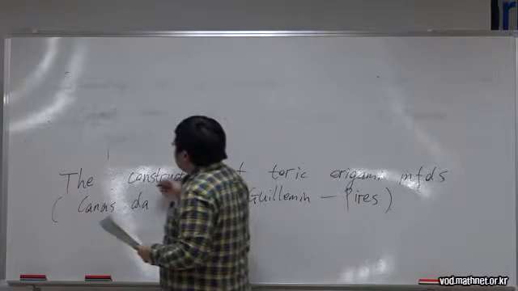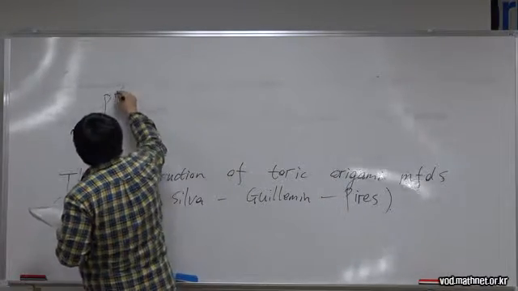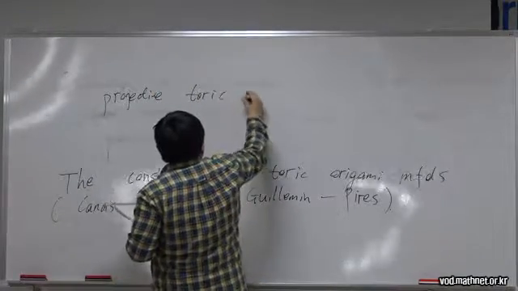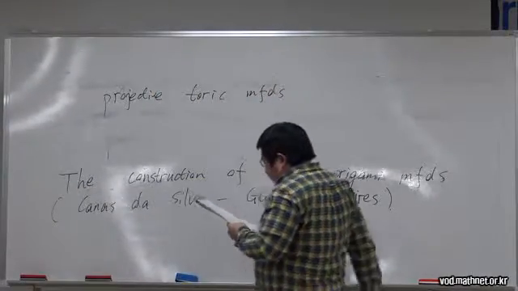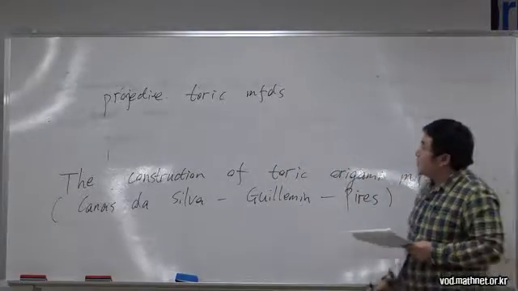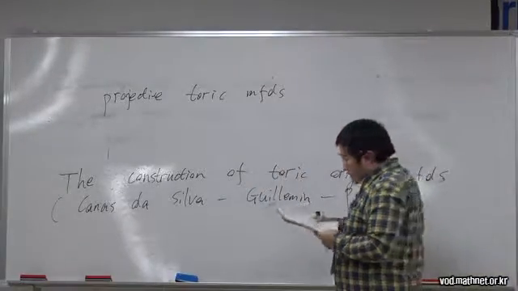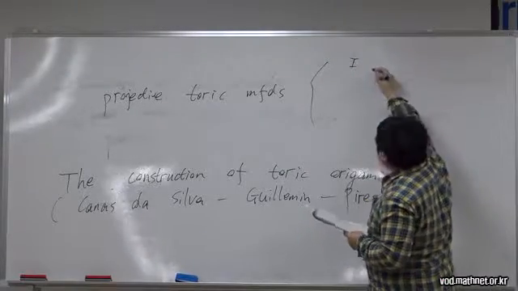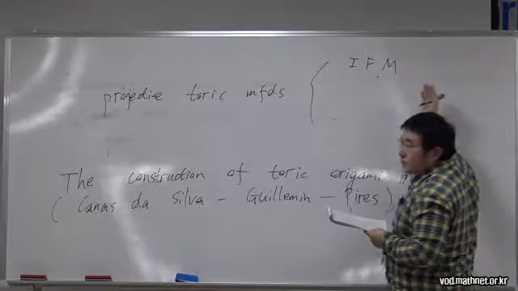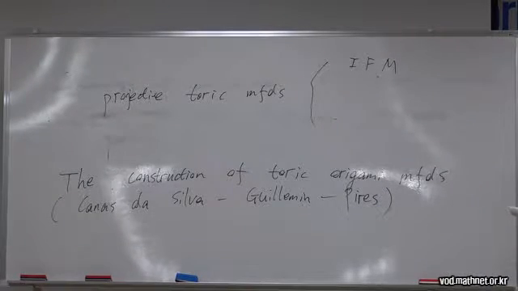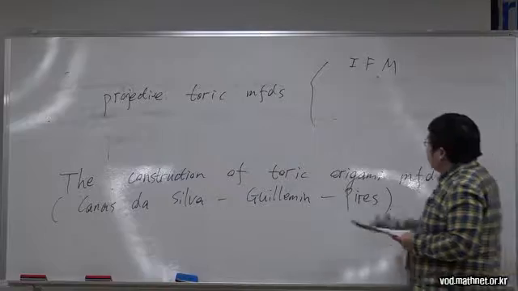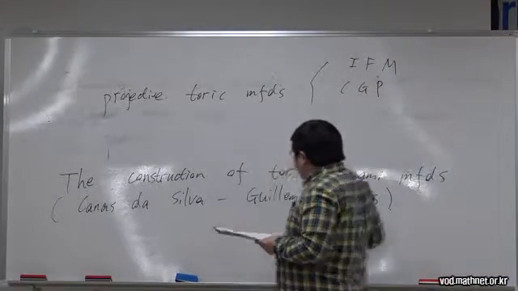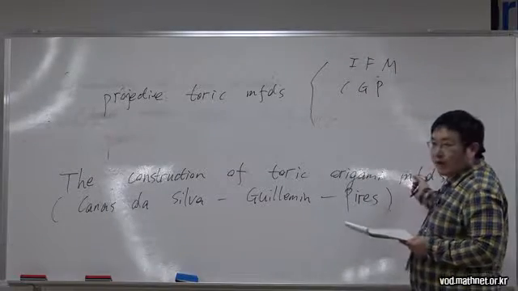In fact, at the same time, there are different generalizations of projective toric manifolds. For example, Ishida, Fukukawa, and Masuda give the definition of topological toric manifold, and these three mathematicians give the definition of toric origami manifolds.